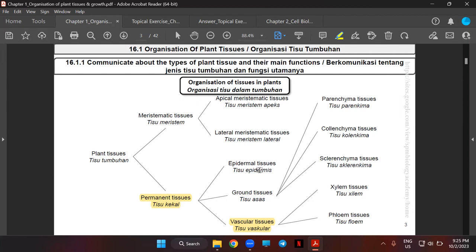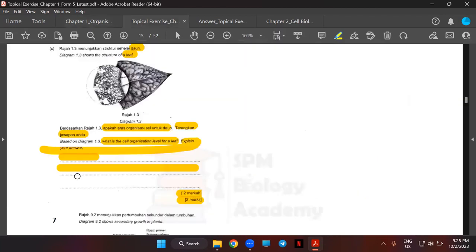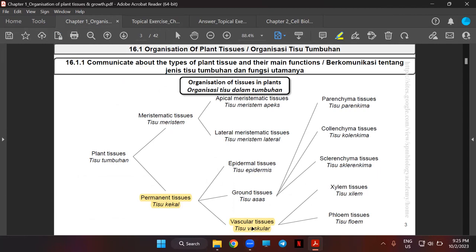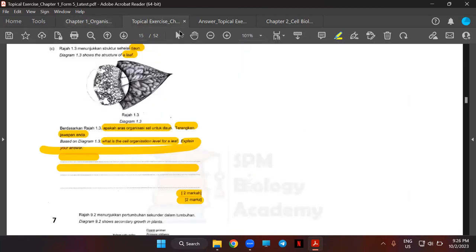Meristem tissue tak ada dalam daun. Saya ulang balik jawapan English. Consists of or made from different groups of tissues such as vascular tissues, ground tissues, and epidermal tissues.